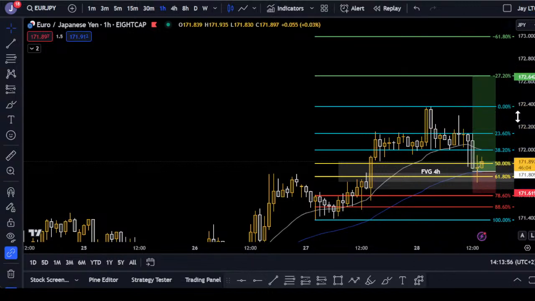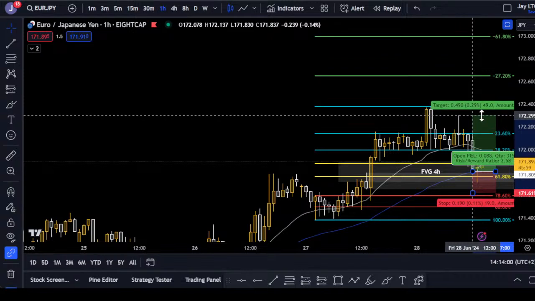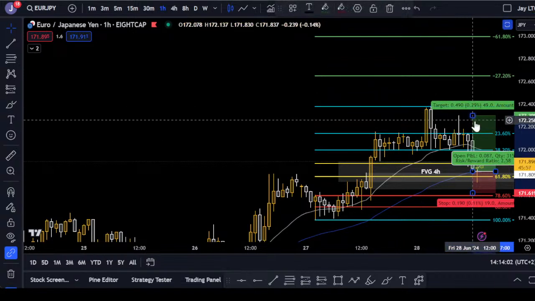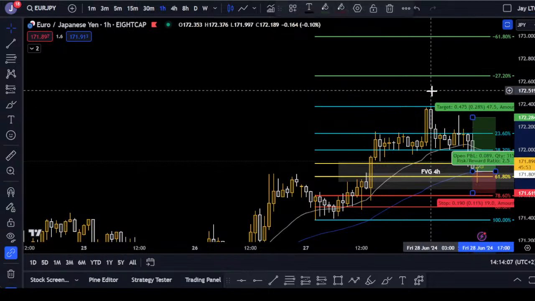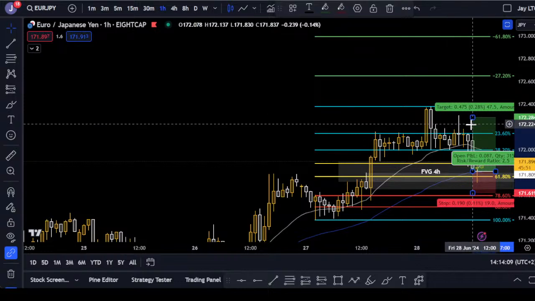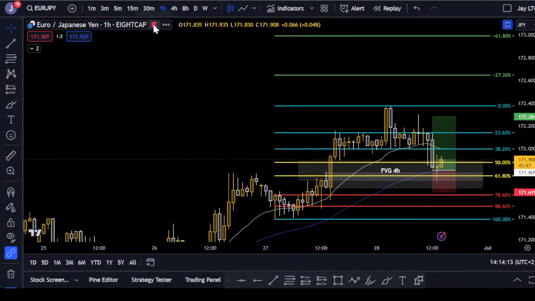All right. But today, like I said, I'm aiming for 172.300. Put it at, just to be safe, 280. 172.280. That's a 2.5 risk to reward, and that's quite some pips to catch.